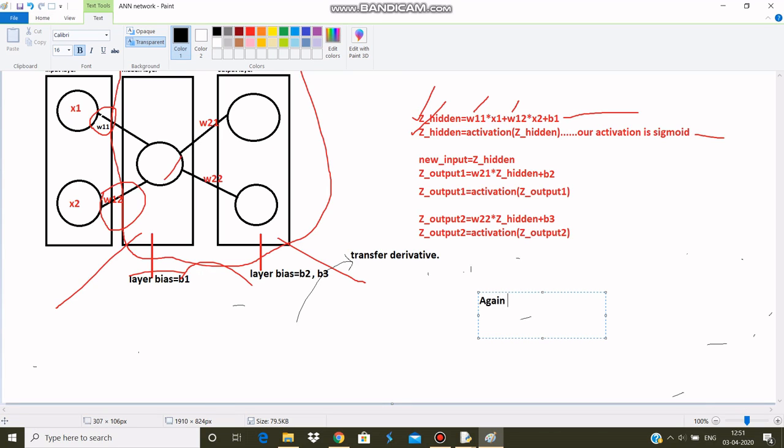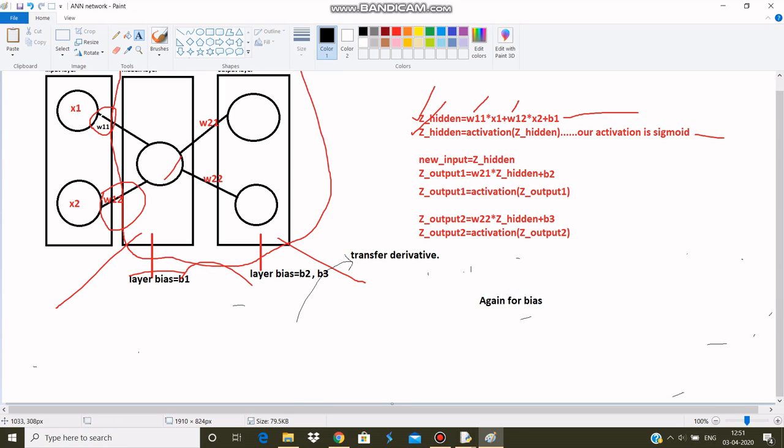Now we have to deal with the bias, because bias also is a random variable and we need to find the actual value that will provide us with the expected result. So dz by db, initially it was dw, now it will be db. So this will be the initial bias b minus alpha, which is the learning rate.